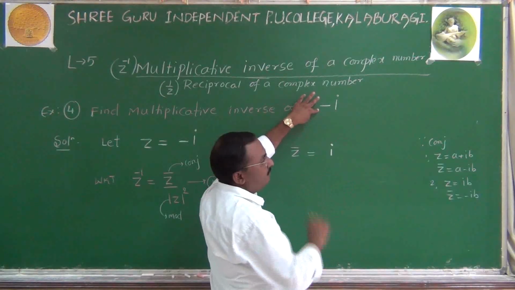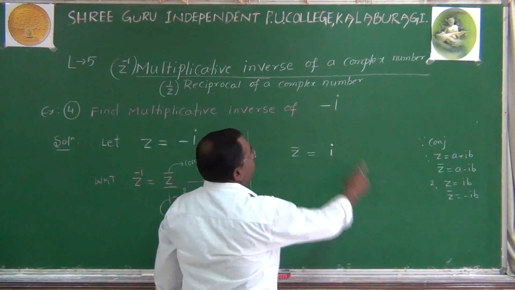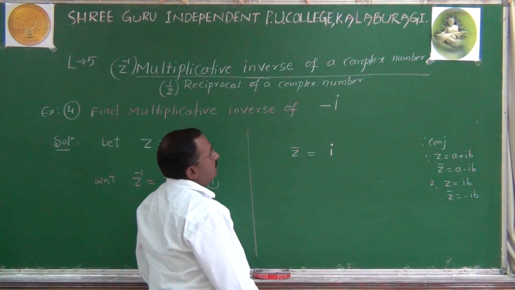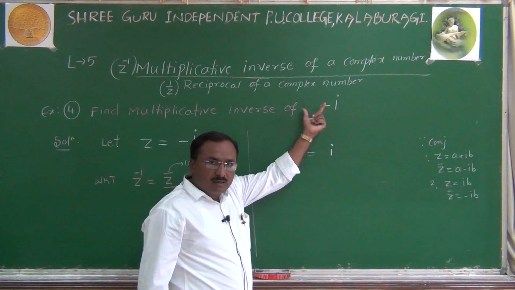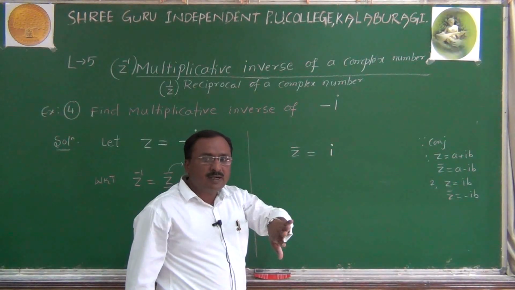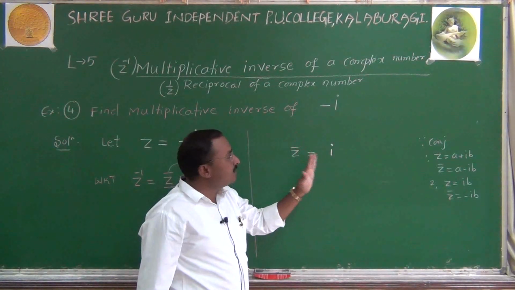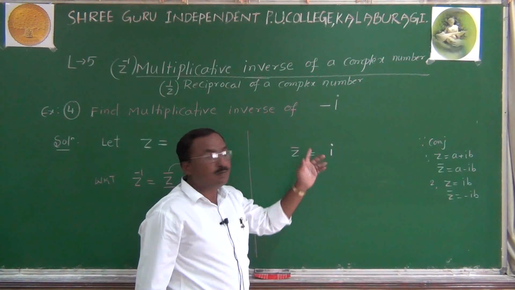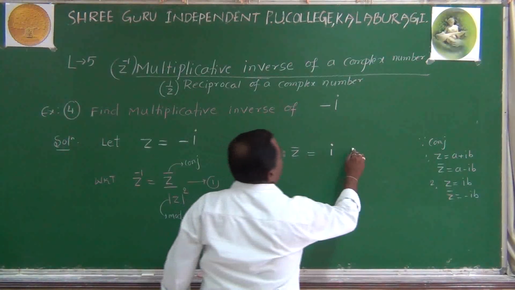Here, conjugate of minus i: real part as it is, but here there is no real part, only imaginary. Sign of the imaginary part changes. Minus i becomes plus i. That is the first one.